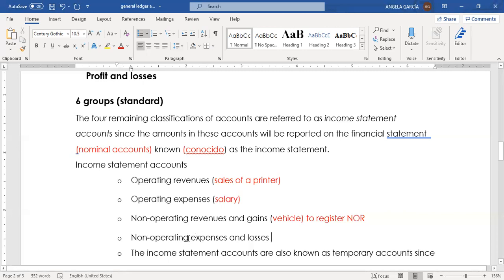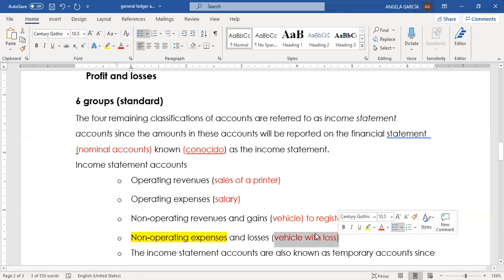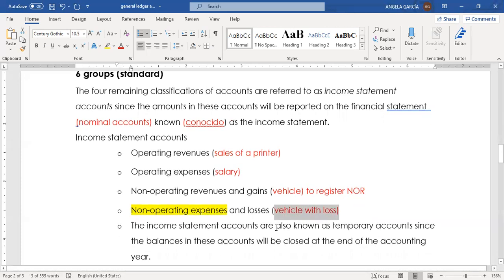Entonces, como es un gasto, lo vamos a registrar como non-operating expenses. So, it's a vehicle sale with a loss. So, you lost money when you are selling this kind of vehicle.